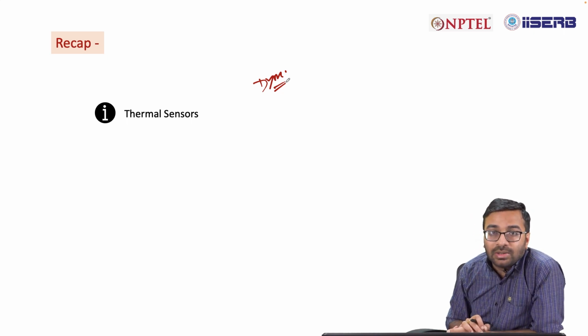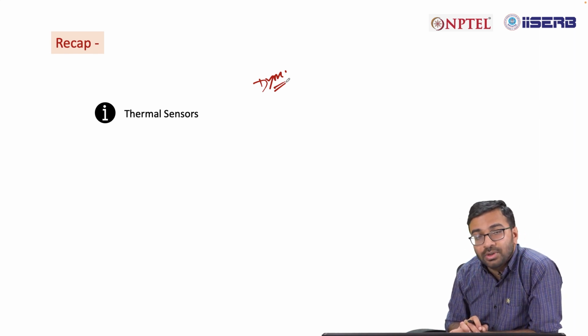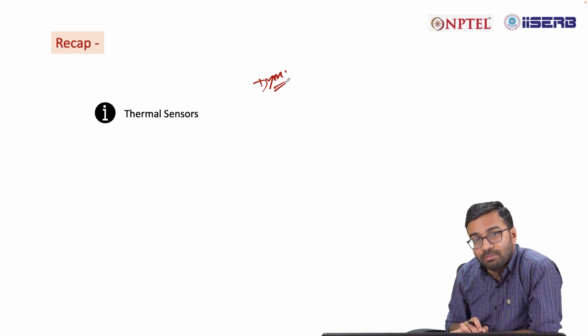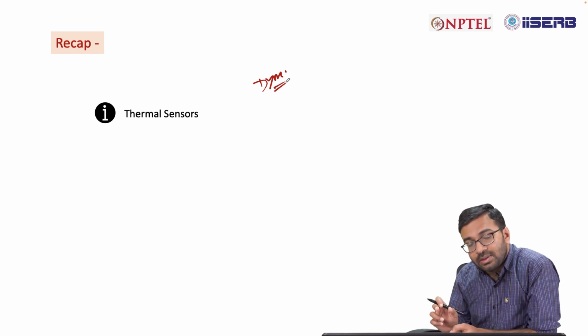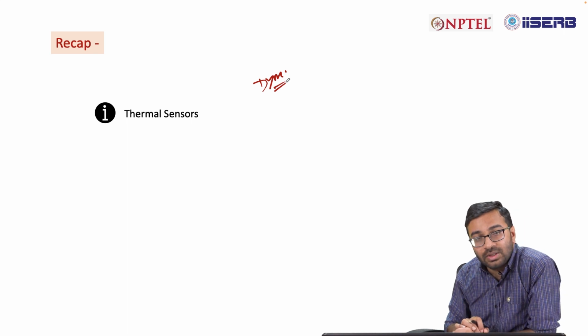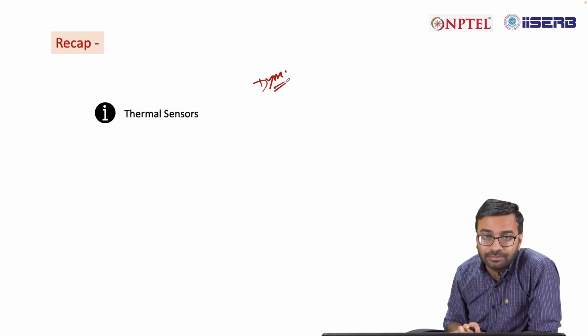As far as the thermal resistance is concerned, we already have discussed that for an efficient performance of a temperature sensor or a thermal sensor, it is very important that the thermal coupling between the sensor and the object is very good, and the thermal coupling between the sensor and the environment is poor.